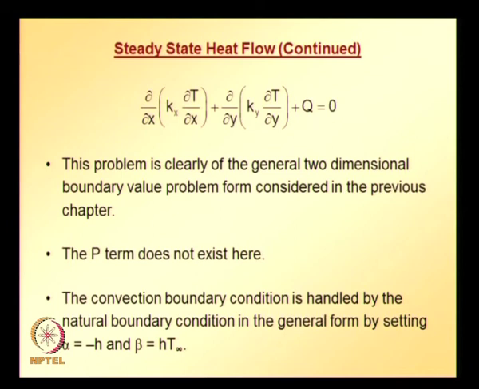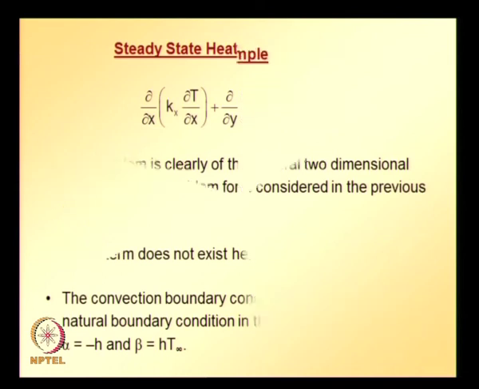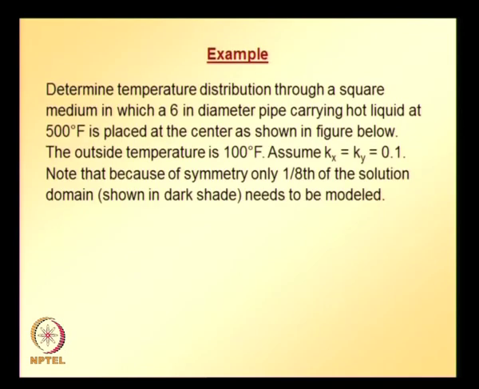So, with this understanding we can solve a problem. Now let us take an example. Determine the temperature distribution through a square medium which is 6 inches in diameter. The problem is given in FPS units, but it does not matter as long as we stick with consistent units.